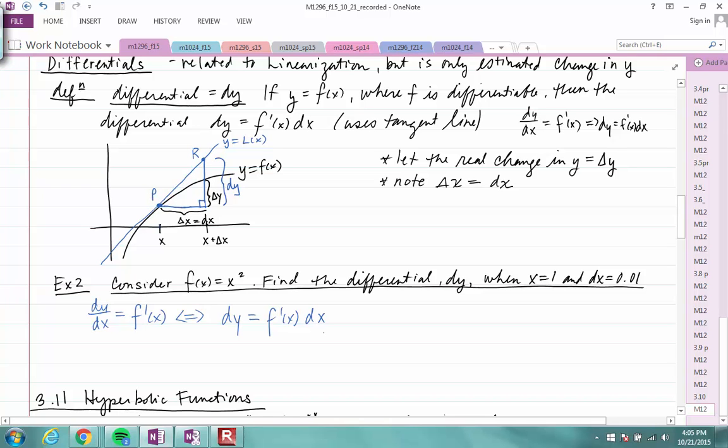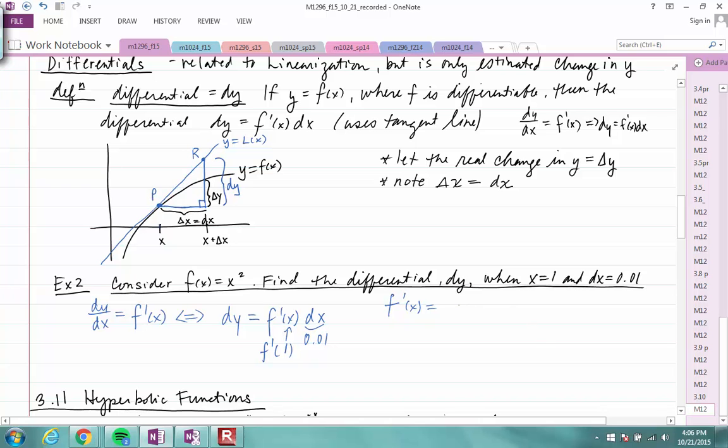So now you pretty much have your map on what to do. dx is given as 0.01, so don't get too worried about that. And then of course you know what the derivative is. Because we're doing this at x equals 1, eventually you're going to plug in x equals 1, so you need to find f prime of 1. This is actually really easy if you remember what the differential dy is.